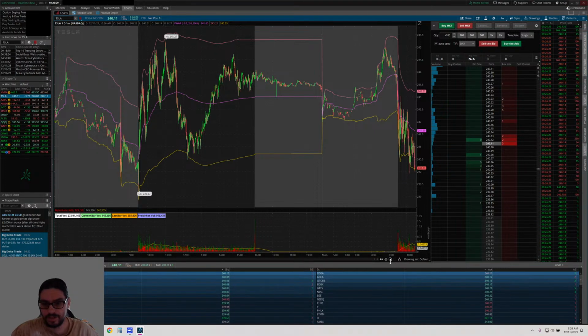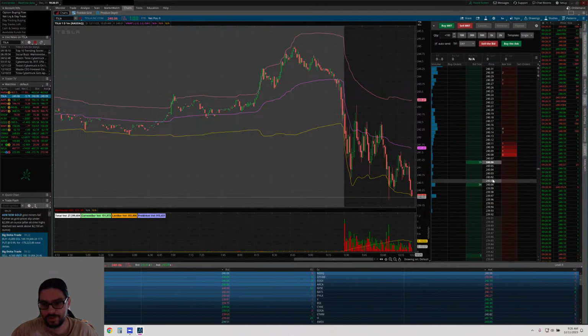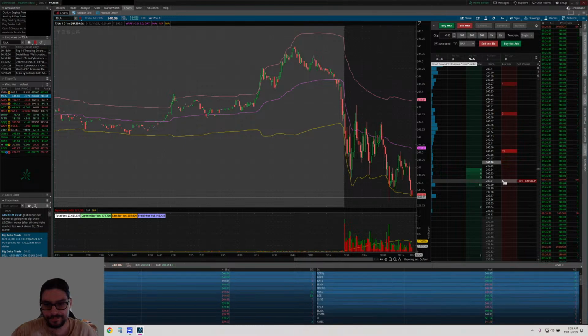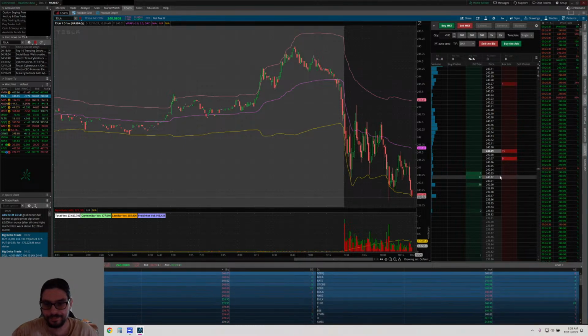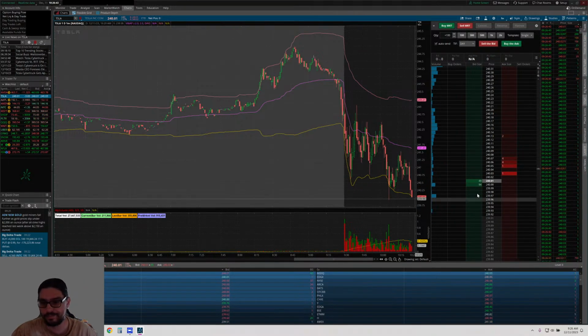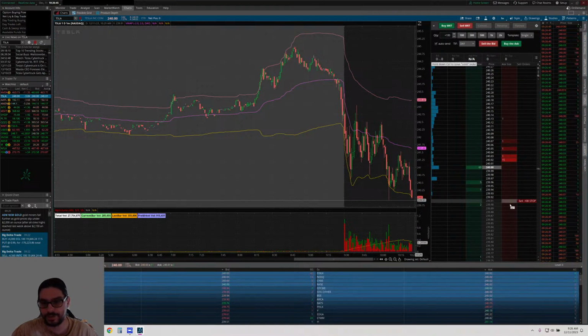And there goes Tesla. I'm wondering if it's gonna keep testing the 240 level. Now I kind of wish I took the short on it, but I'm just being very cautious with this thing.